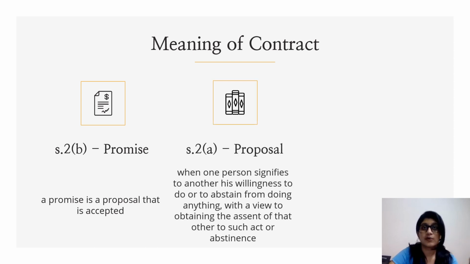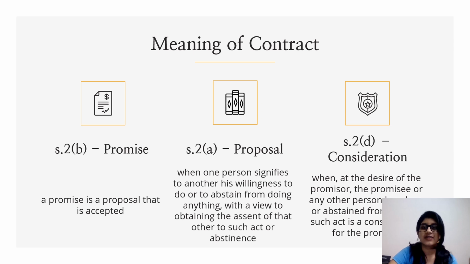Now we have proposal. This is given under section 2A. When one person signifies to another his willingness to do or to abstain from doing anything, with a view to obtaining the assent of that other to such act or abstinence. So when I propose something to you, I am trying to get your assent to my proposal, no matter what I'm proposing, whether I'm proposing to do something for you or whether I'm proposing that I'll stop something that may benefit you, right?